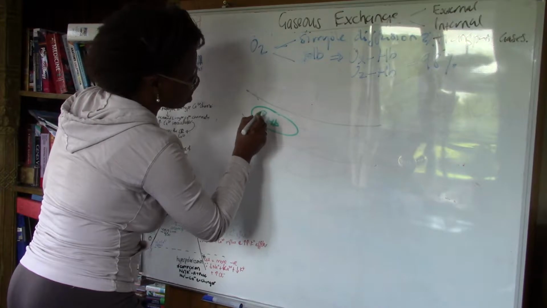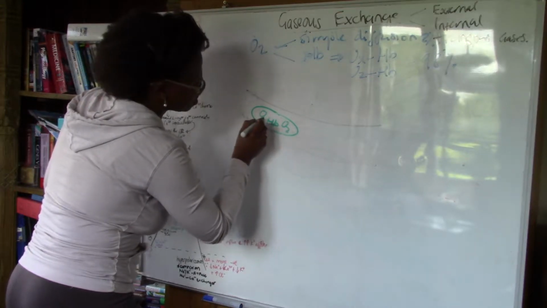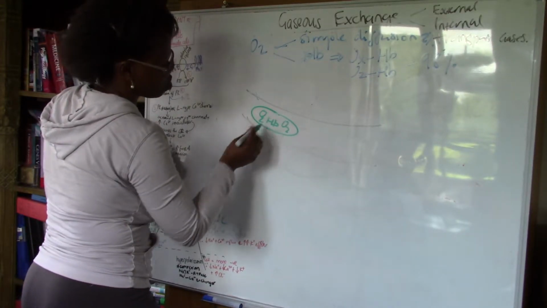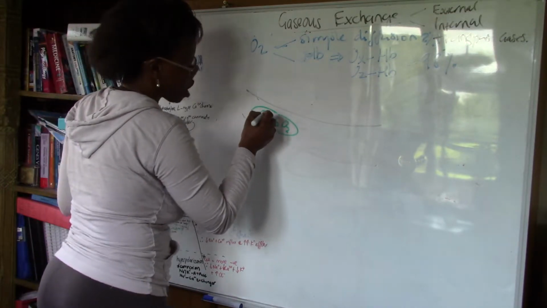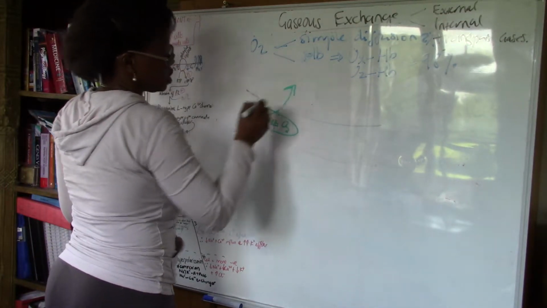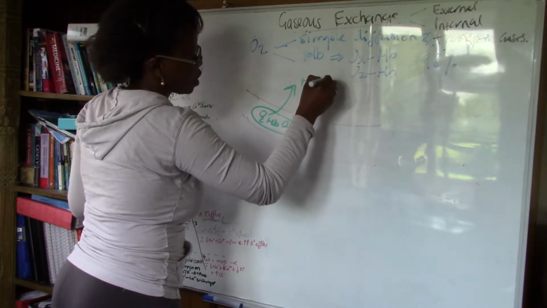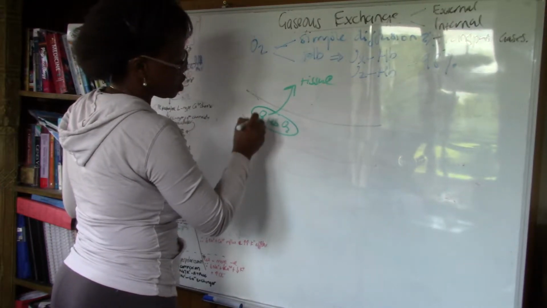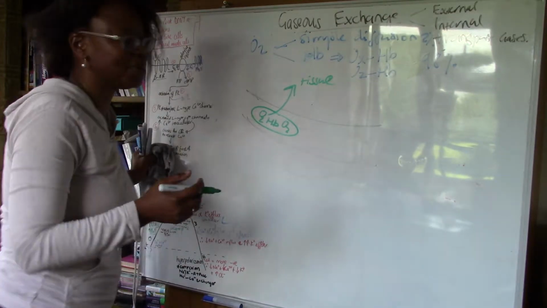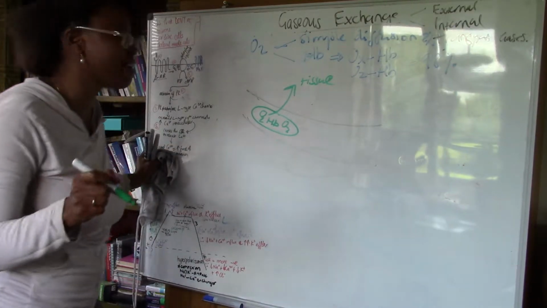So say if this is the tissue, I'll just draw 2 oxygens just to make a point. That oxygen diffuses into the tissue, and we have a hemoglobin that's not carrying anything.